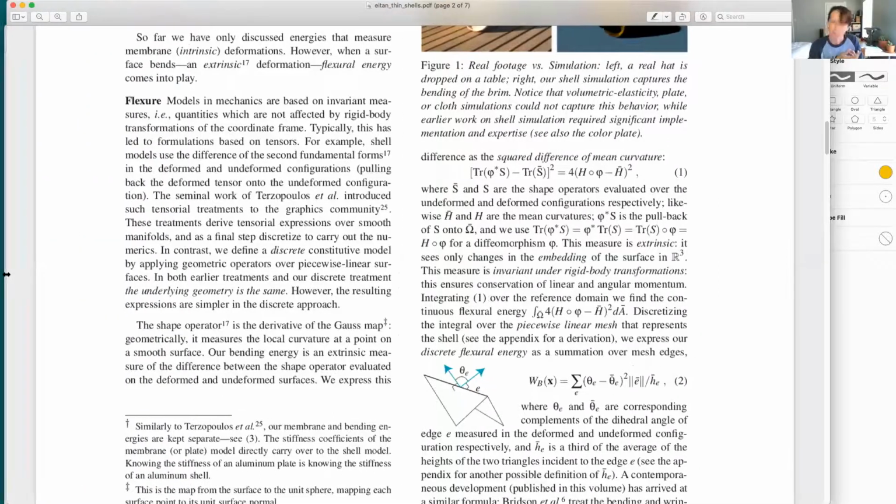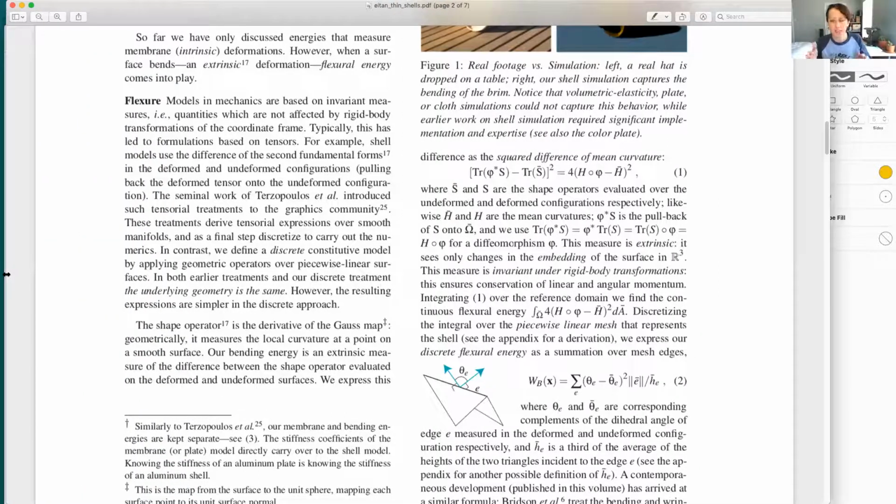Everybody remember writing that delightful dihedral angle function in your homework? The dihedral angle, just to remind you, is if I have a piecewise flat triangle part of my surface and another triangle, I can look at it from the side and see how much bend there is between those two elements.